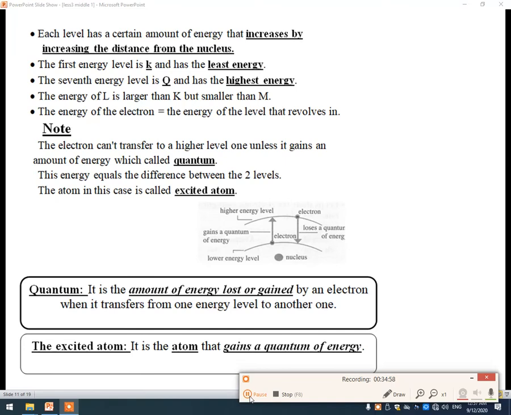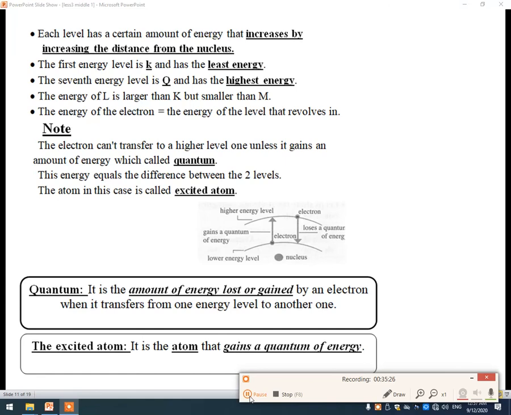So I need another 5 joules to move to the higher energy level. And if I take these 5 joules, I will be called an excited atom. Again, the electron which moves to the higher energy level will be called an excited atom.